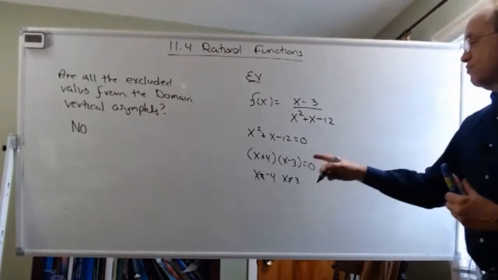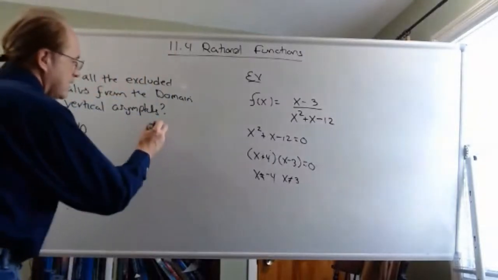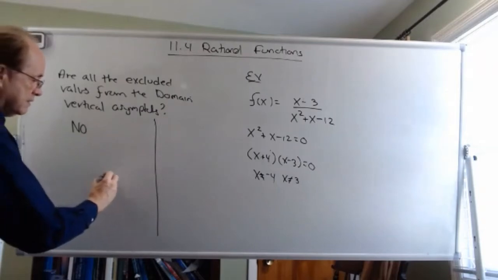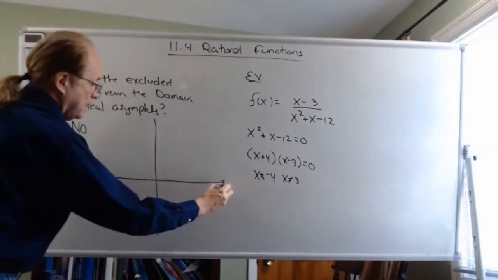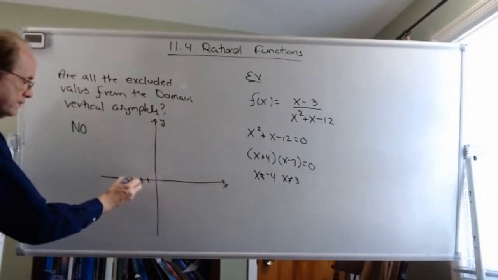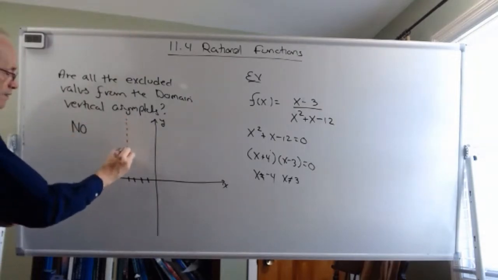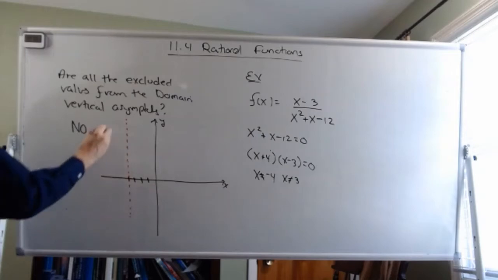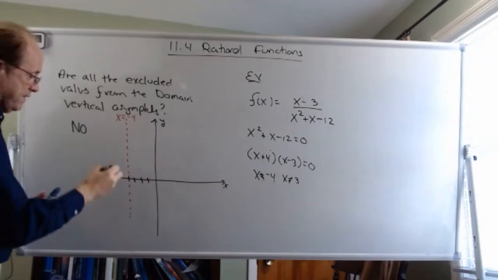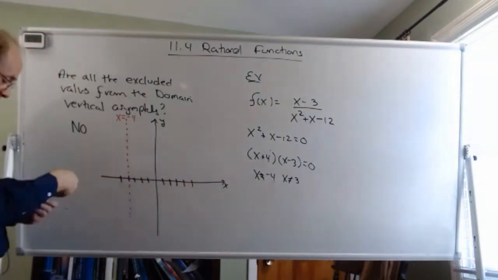So if I was going to look at the graph of this, I'll show it over here. Your first inclination may be, okay, I have two excluded values. So over here at x equal to negative 4, you might say that should be a vertical asymptote. And x equal to positive 3, if I go with the same strategy, maybe that's a vertical asymptote.